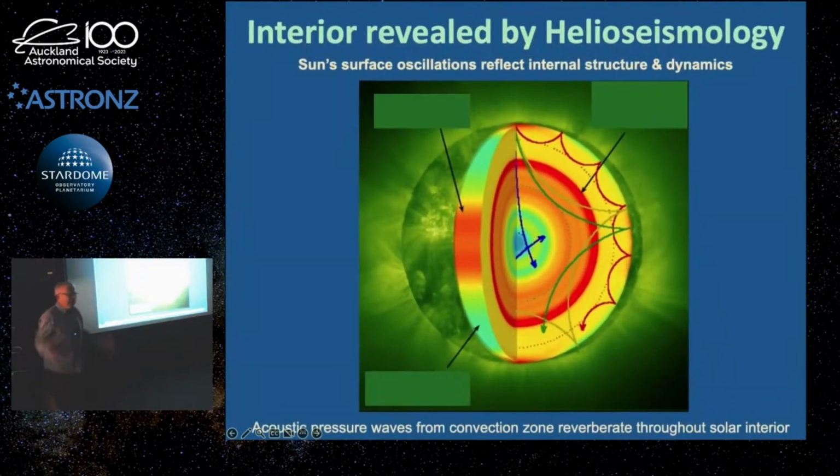So you might think, well, how do they know all this sort of stuff? Well, it's the same way that they know the interior of the Earth: through seismology. In the convection zone here, there's a lot of acoustic pressure waves going on with that whole convection movement, and those acoustic pressure waves reverberate through the solar interior, and you actually see pulsations on the outside of the Sun, which they can observe and measure.